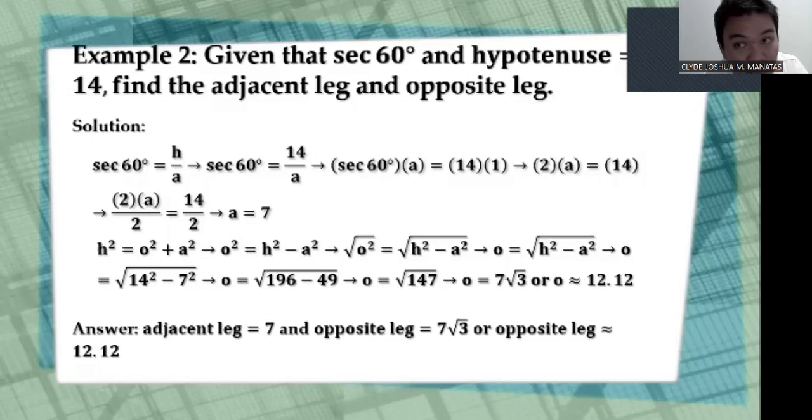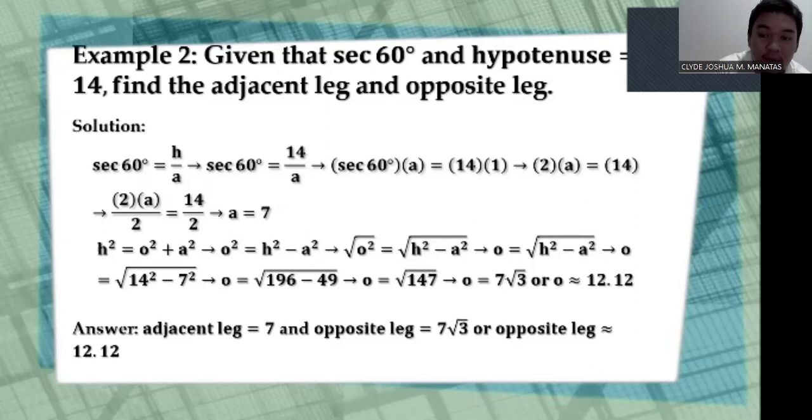Next, to find the opposite leg, we use the Pythagorean theorem. Hypotenuse squared is equal to opposite squared plus adjacent squared. Since we are finding the opposite leg, it becomes opposite squared is equal to hypotenuse squared minus adjacent squared. Taking the square root of both sides, the opposite leg is equal to the square root of hypotenuse squared minus adjacent leg squared.